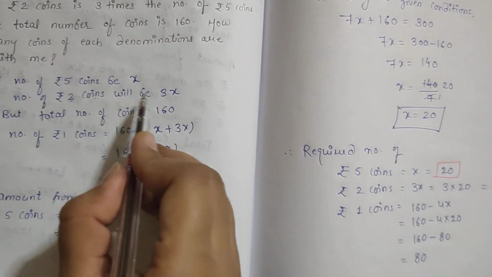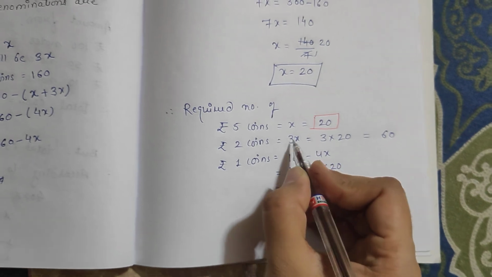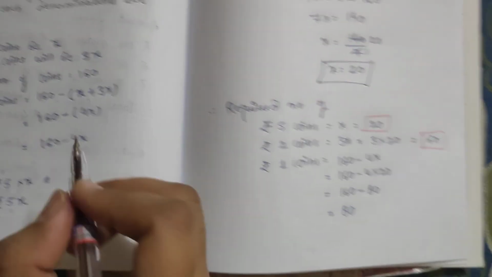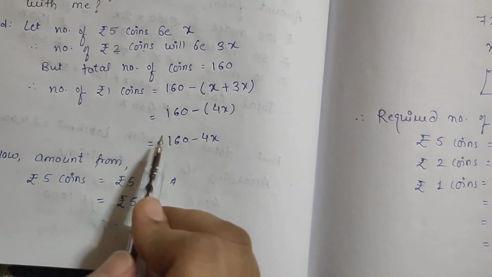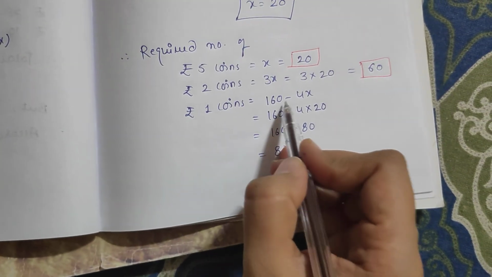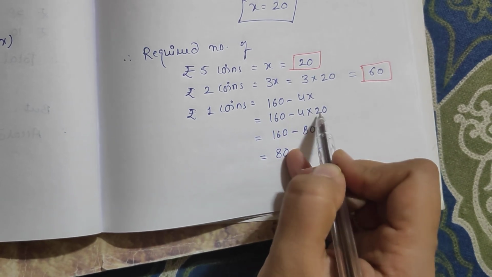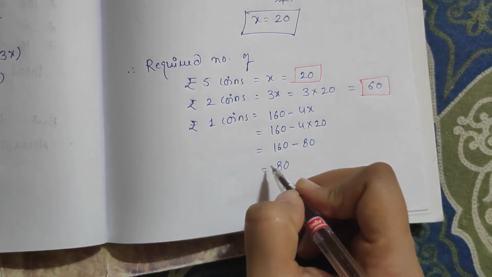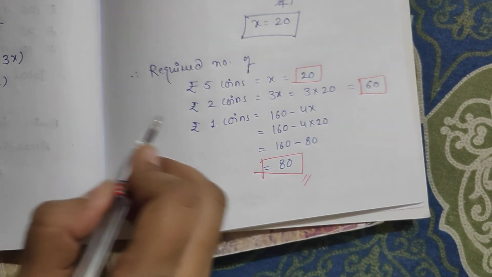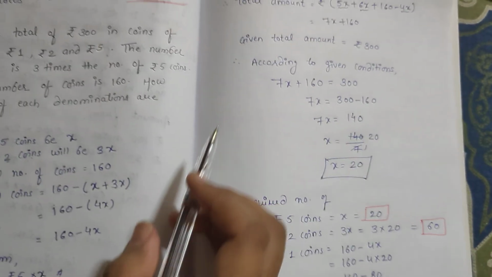The number of rupees 2 coins we have taken as 3x, that is 3 into 20, that is 60. And how many coins of rupees 1? It is 160 minus 4x, so 160 minus 4 into 20. So we'll get the total number of rupees 1 coins. This is all about question number 15.